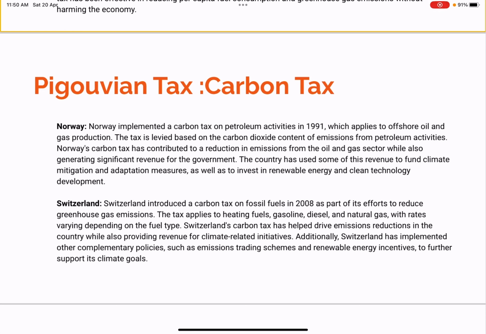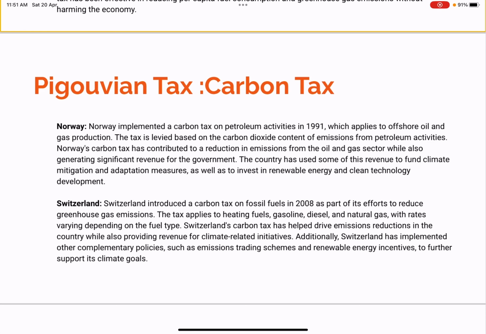Because it was specifically applied to offshore oil and gas production, this resulted in the reduction of emissions from this sector. Same thing happens here also: revenue is generated because of taxation, and that is a fantastic thing about Pigouvian taxes. The revenue is used to fund climate mitigation and adaptation measures, and it is also used to invest in renewable energy and clean technology development.